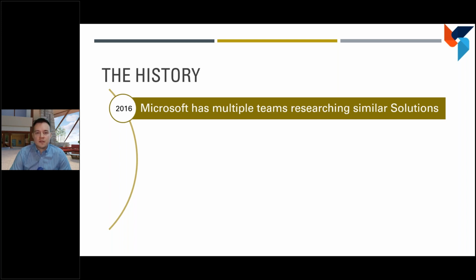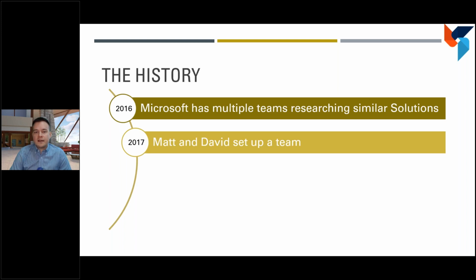Maybe we can join them and create something unified and consistent that can be shared across these platforms. And so in 2017, Matt Hittinger joined Microsoft, and together with David Clow, they created a team whose aim was to achieve that goal: to create a unified solution that can be used across devices and across hosts.